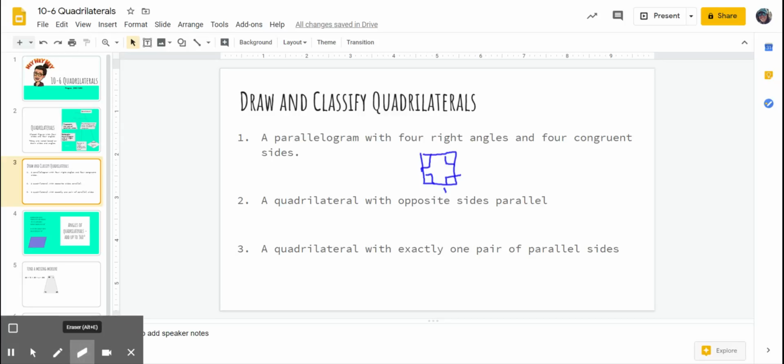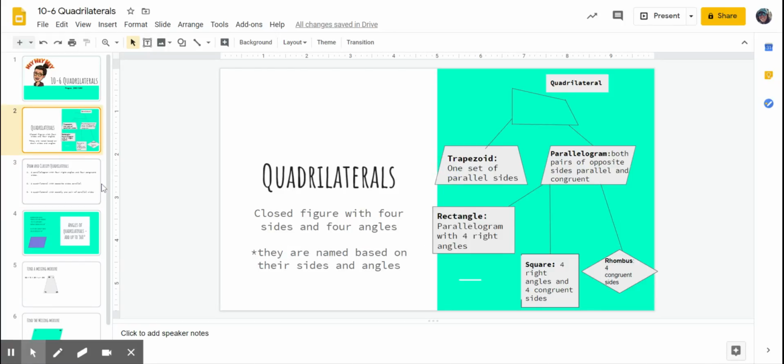So then, a quadrilateral with opposite sides that are parallel. Going back to the last slide, I know it's a quadrilateral and it has opposite sides that are parallel.